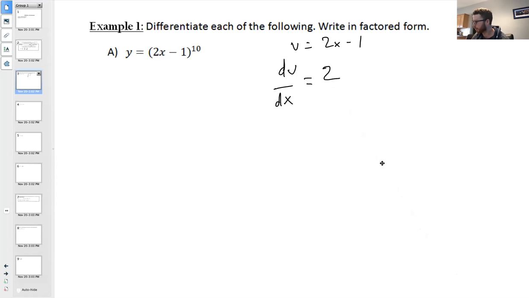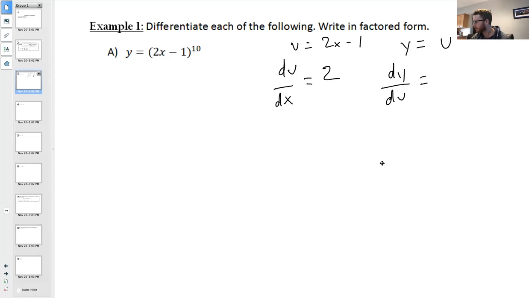Since u is equal to 2x minus 1, we can rewrite our y formula as y is equal to u to the 10. We're just substituting u for 2x minus 1. Now, if we take the derivative of y, because u is our variable in here, we take it with respect to u.